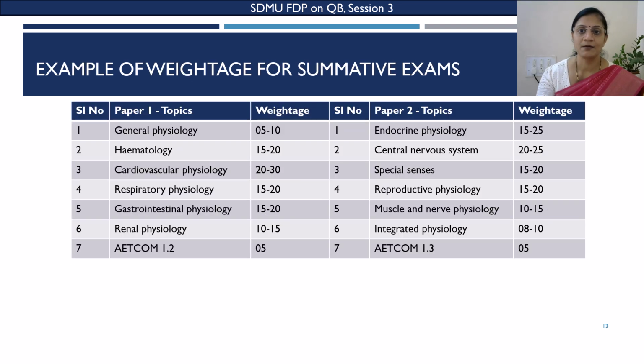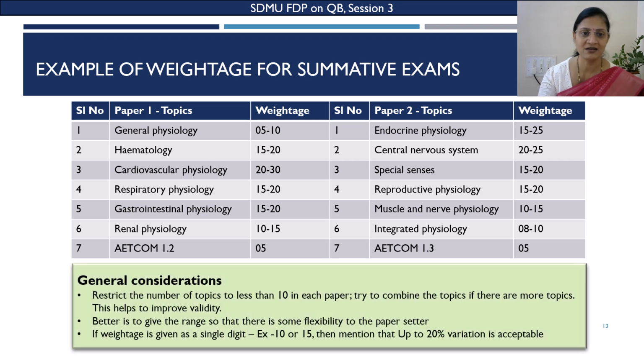So if you see example for the summative exams, if you have so many topics described, then we can create a weightage like this. A few points I wish to inform you here regarding the general considerations, what you can consider, which may be better to create a weightage.